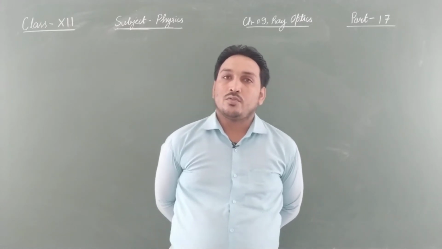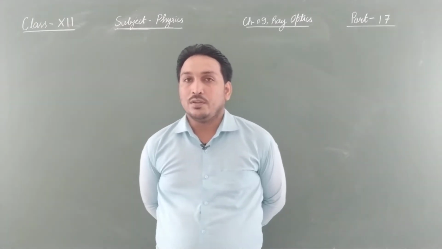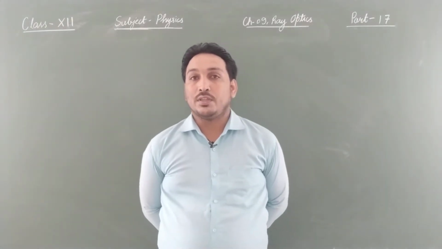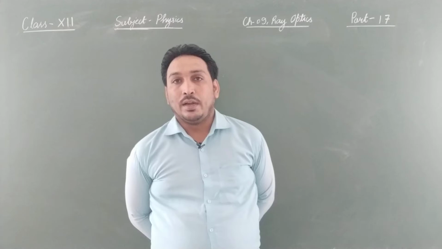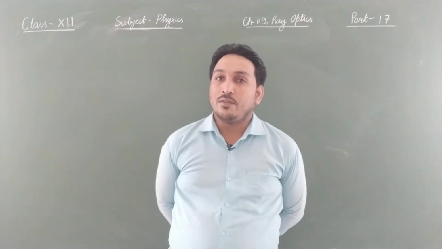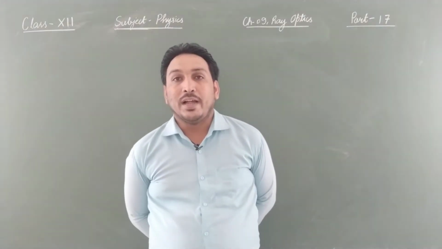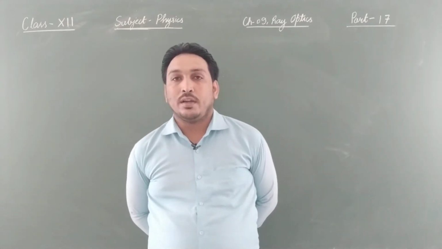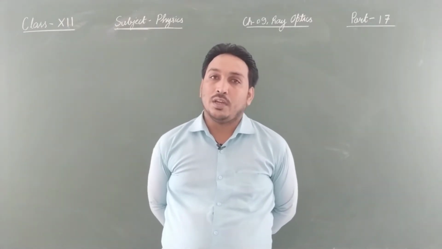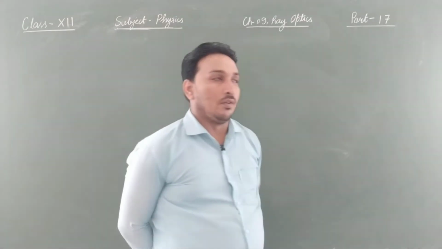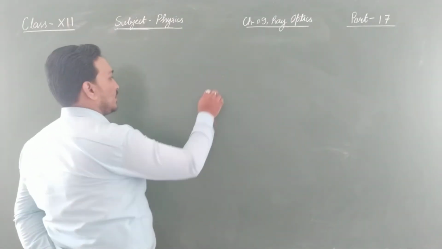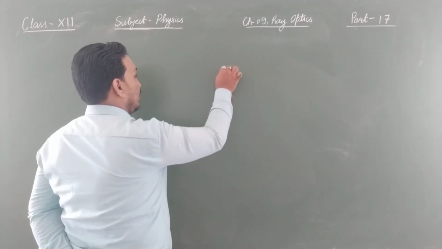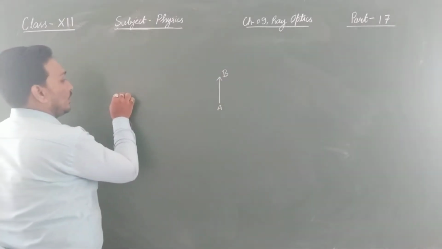What is a telescope? If we go by definition, a telescope is an optical device which is used to view distant objects. If an object is very distant from us, obviously the angle it subtends to our eye is very small. Suppose this is an object AB and our eyes are here.